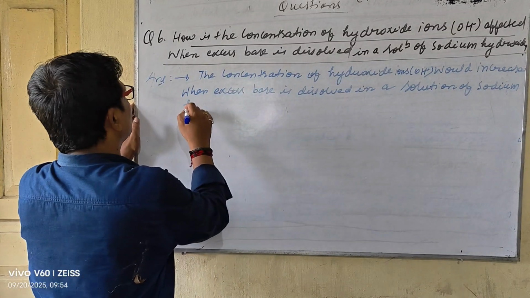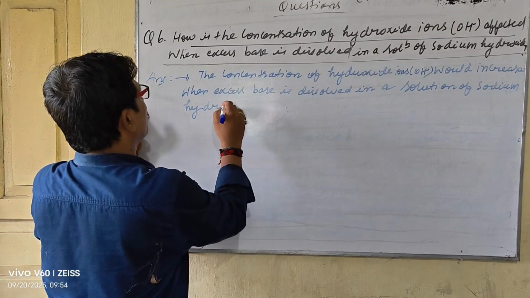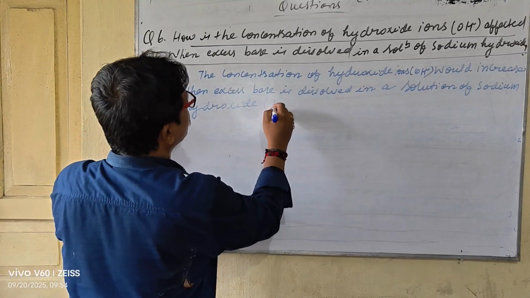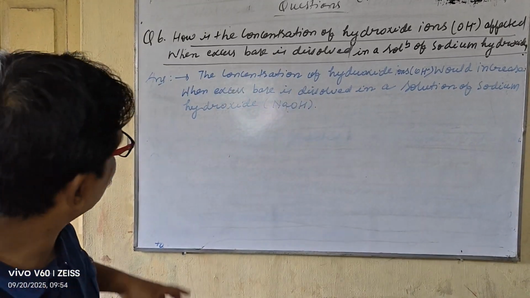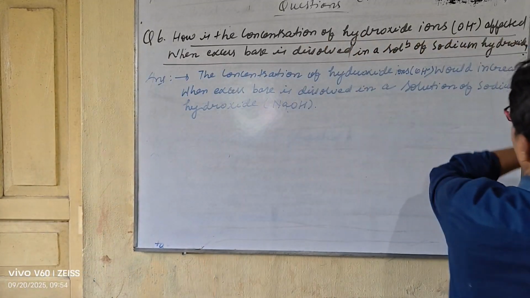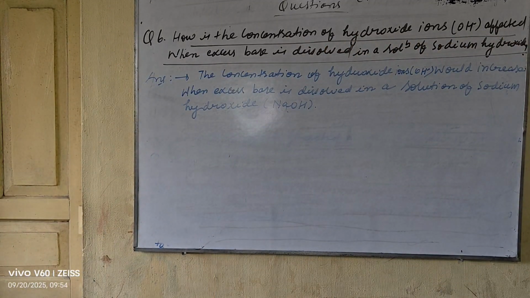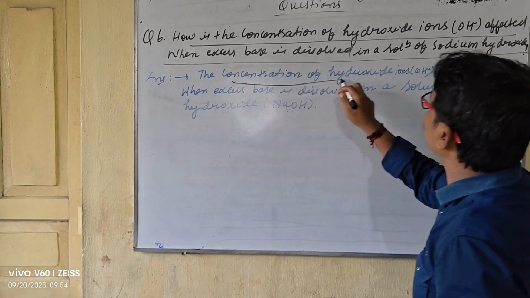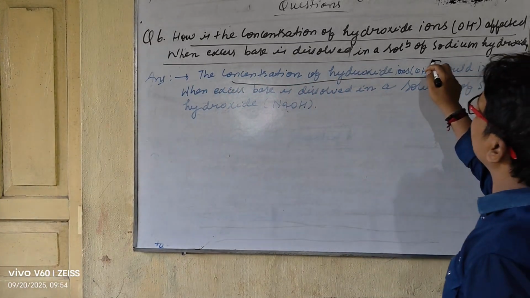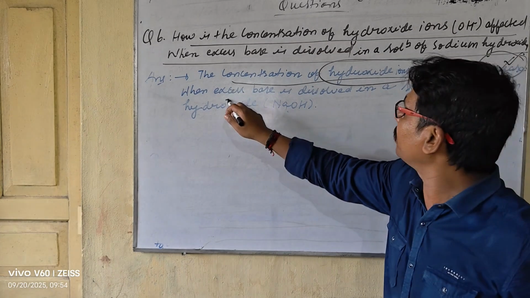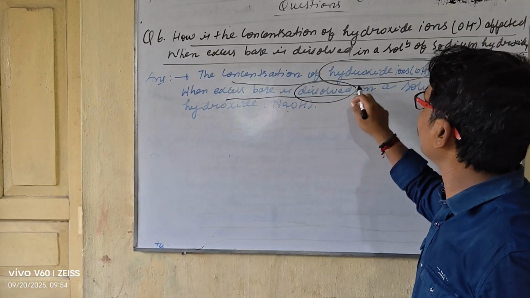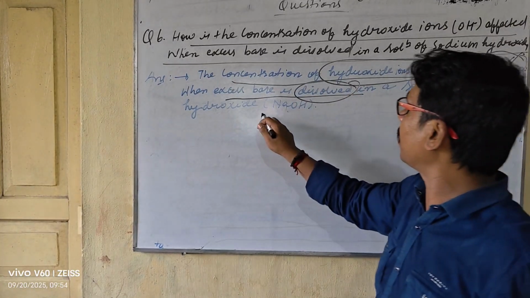The question is asking how the concentration of hydroxide ion, OH minus, is affected when excess base is dissolved in a solution of sodium hydroxide. The concentration of hydroxide ions would increase.